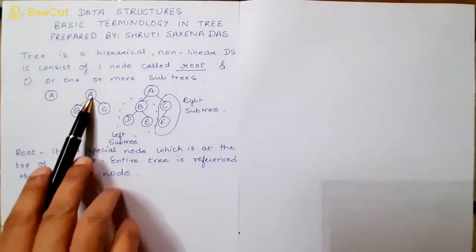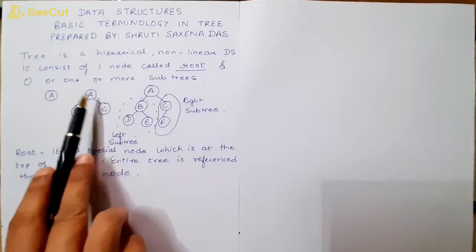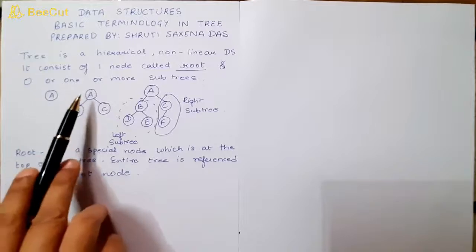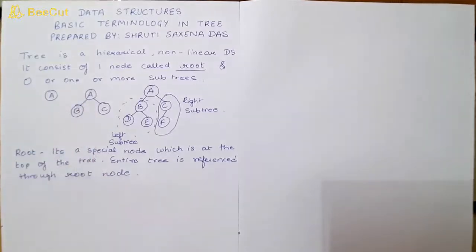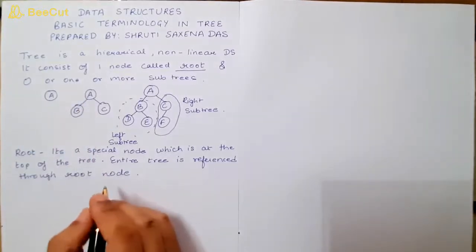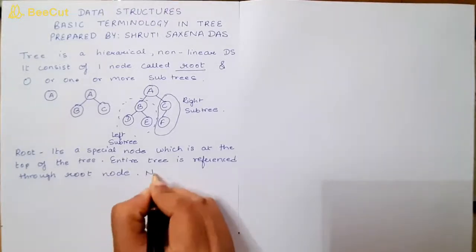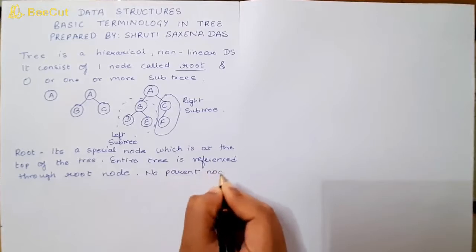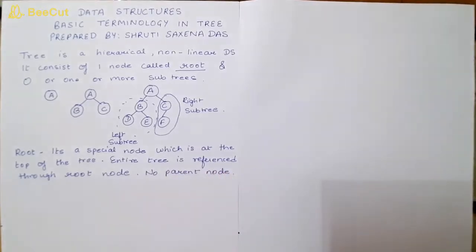The root can have only children; we cannot have any predecessor for this node.